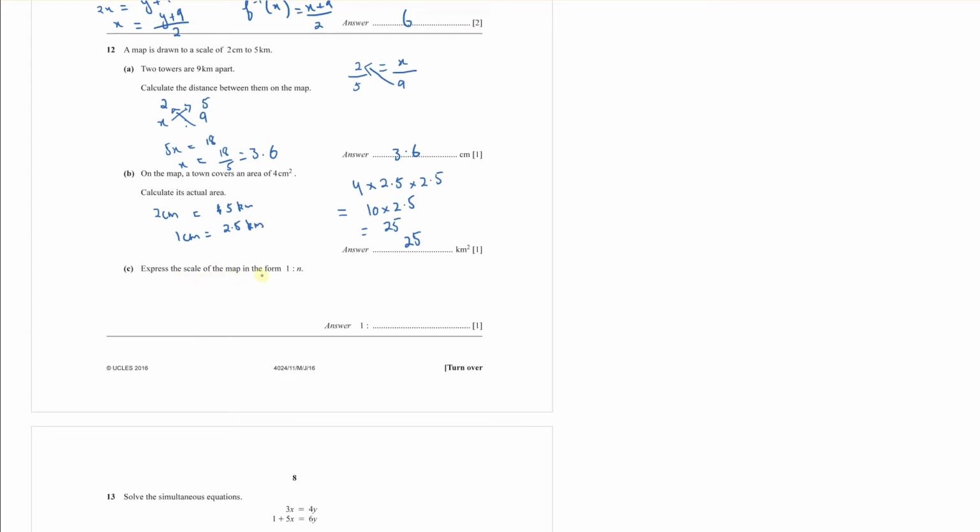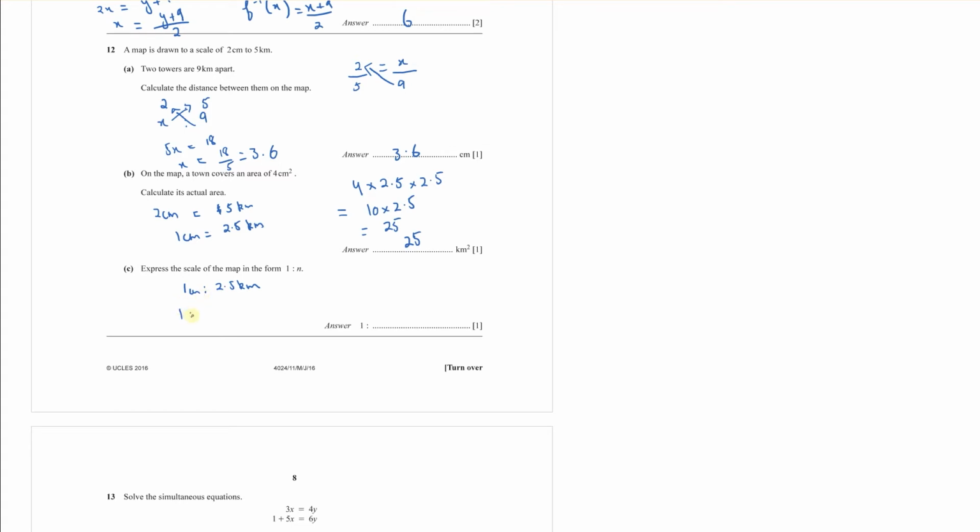Express the scale of the map in the form 1:n. So we already know 1 centimeter is equal to 2.5 kilometer. If we want to represent it in terms of 1:n, we need centimeters on both sides.